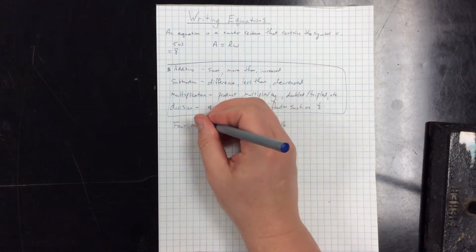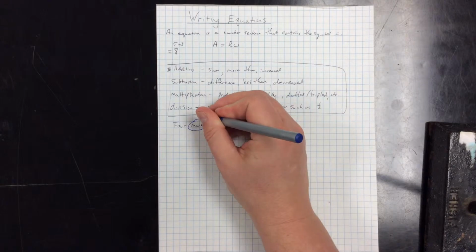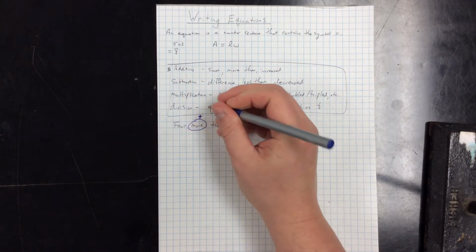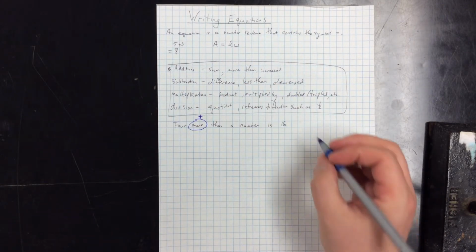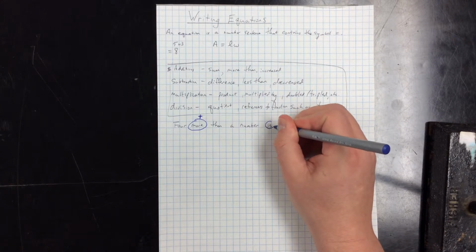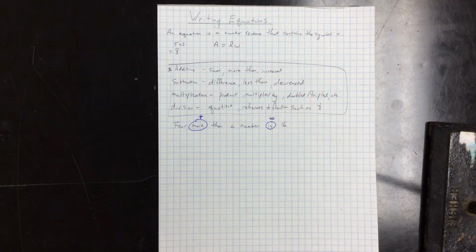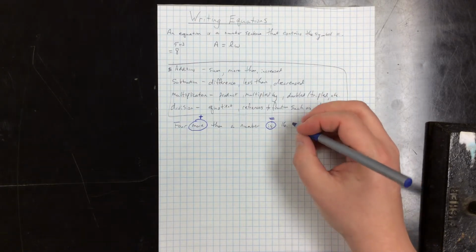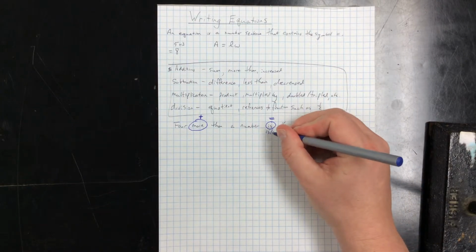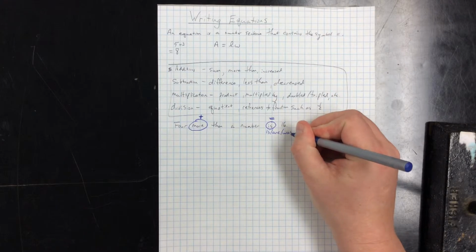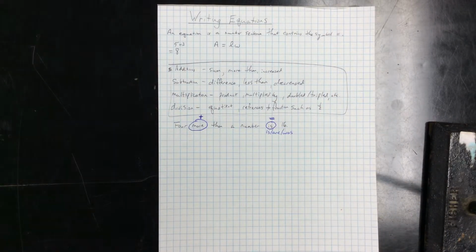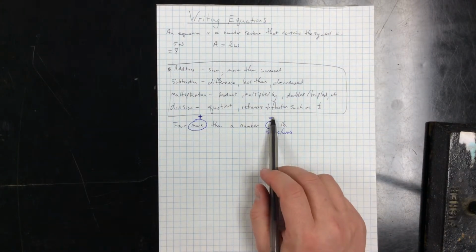When I read through this list, I see more, which tells me it's probably going to be addition. It's 4 more. I see is. Words like is, are, was, depending what tense it is, are the equal sign. That tells you where it goes.